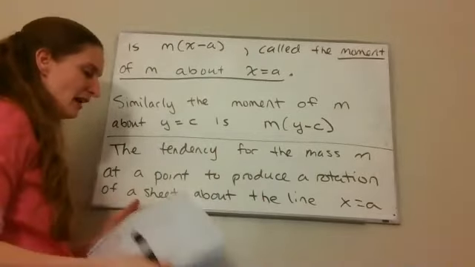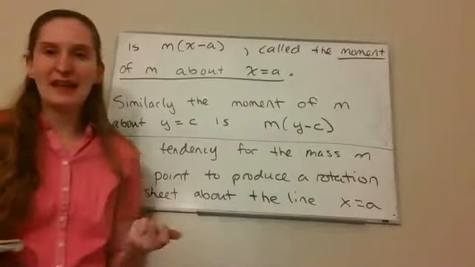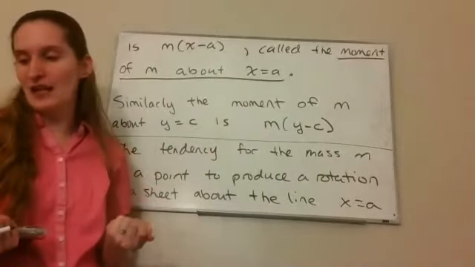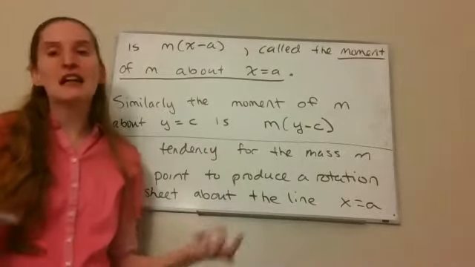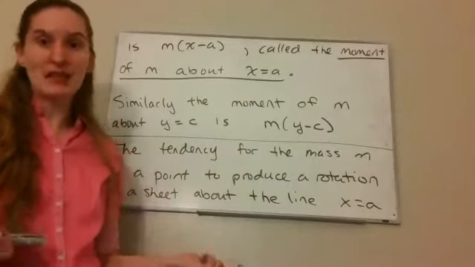So why do we care about these moments? Well, because our lamina will balance on like a knife edge along those lines if the sum of all the moments of all of those points happens to equal 0.